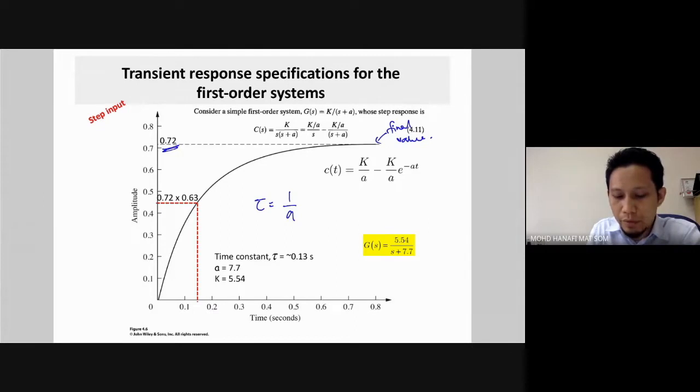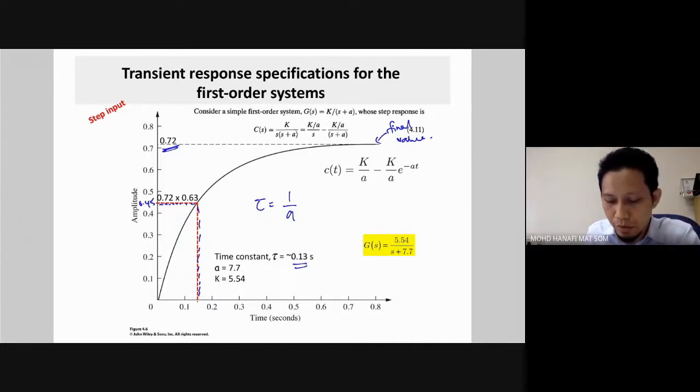We multiply the final value by 0.63. What you get is 0.73 multiplied by 0.63, I think it's about 0.45. Let's say 0.45 over here. From 0.45 you can extrapolate here, and then you can find the value of time. So here tau equals 0.13 seconds.